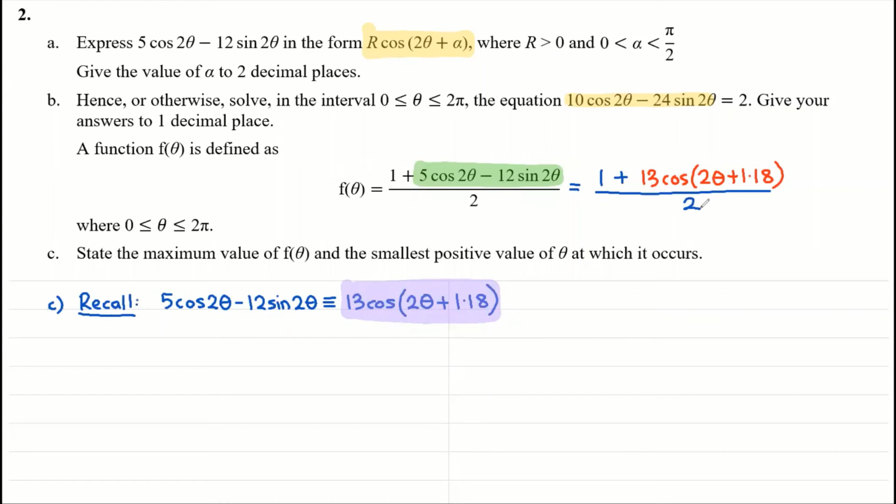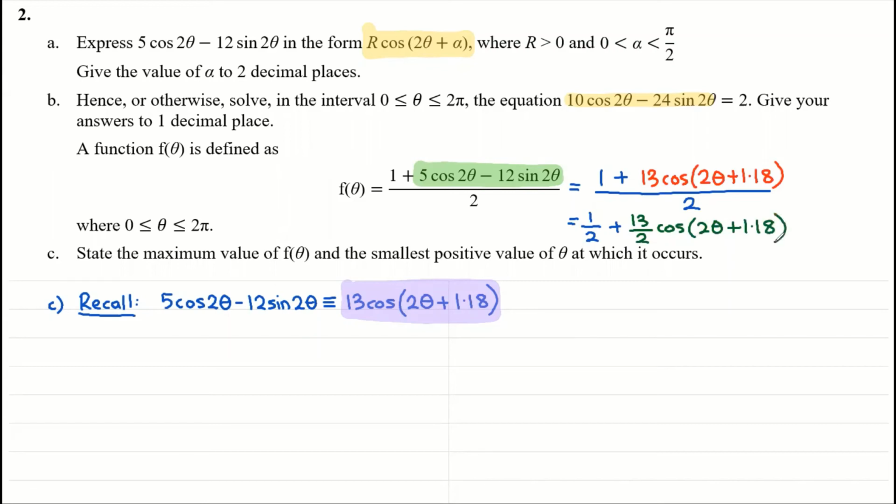Now, what I could also do is split this up into 2 terms. I could say, well, this is going to be a half plus, and I'll do it in a different color. We've got 13 divided by 2, haven't we? So that's going to be 13 over 2 cosine of 2 theta plus 1.18.